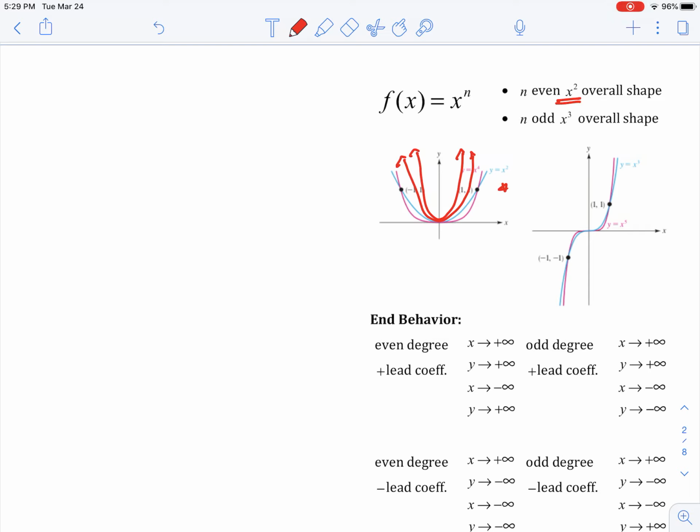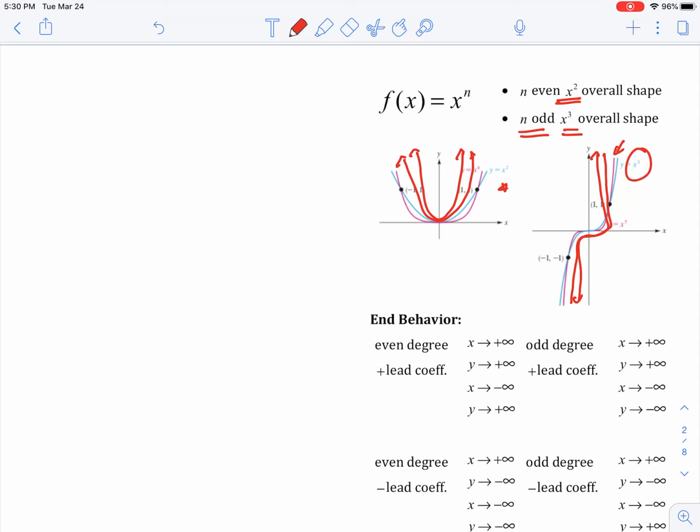Same idea for x raised to an odd power. If n is odd, whether we're looking at x cubed here in blue, x to the 5th in pink, x to the 7th, or x to the 9th, the same shape is still going to be this basic x cubed shape.